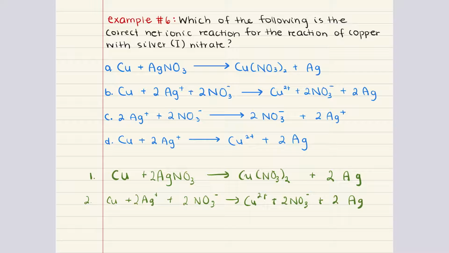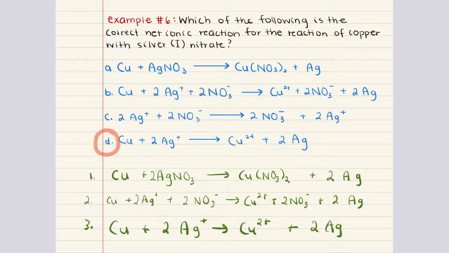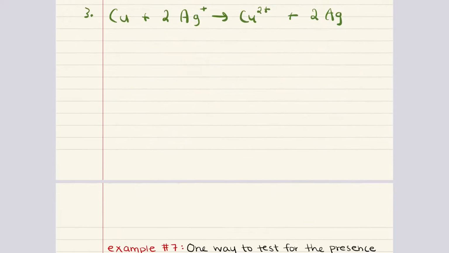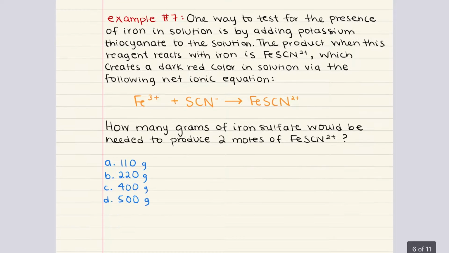And after removing the spectator ions, we are left with the net ionic equation. This is our net ionic equation, and it matches answer choice D. So the correct answer for problem 6 is D. Let's go ahead and move into problem 7 now.